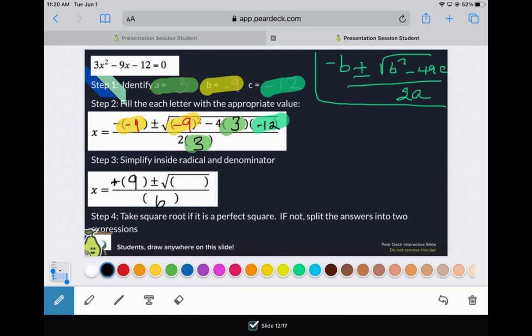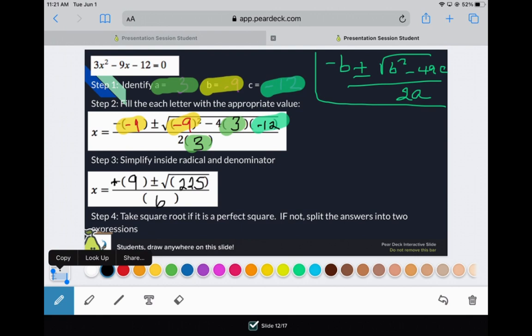And then you need to multiply the numbers inside the parentheses. So you will do -9 squared. You're going to follow that order. Do not switch the order. So -9 squared minus 4 times 3 times -12. That will give you 225. Okay, so that's step 3.